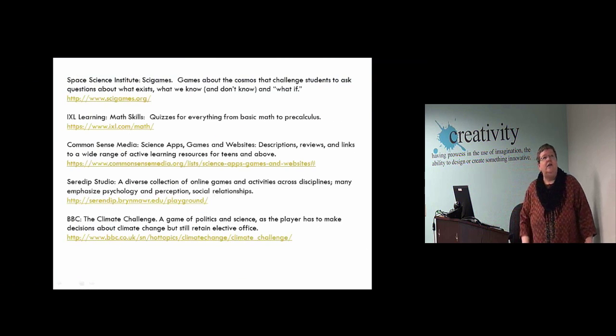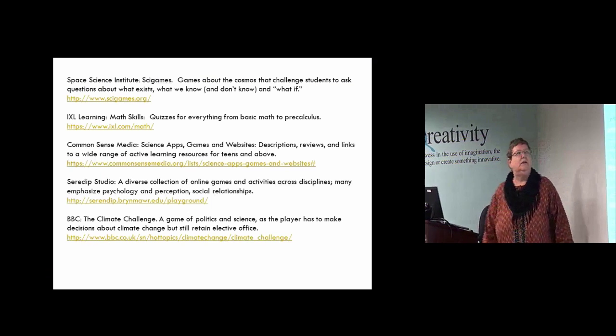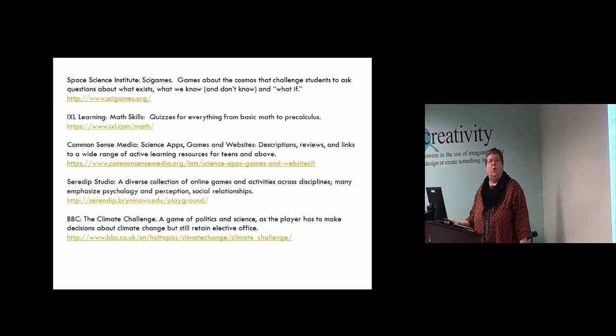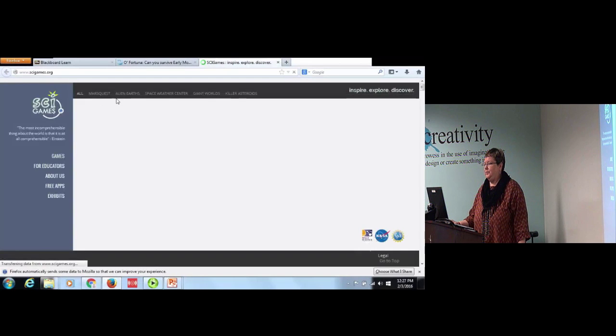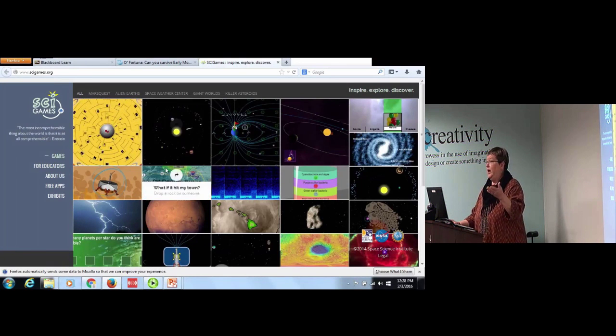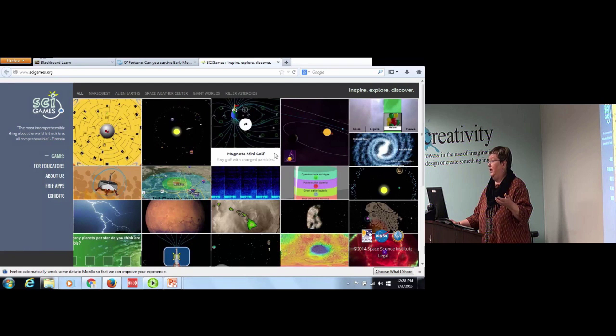Okay, there are a number of really interesting sites for things like science and math games, some of which are really quite engaging. This Sci Games, it's basically about the cosmos, but you can build a solar system, play golf with charged particles.